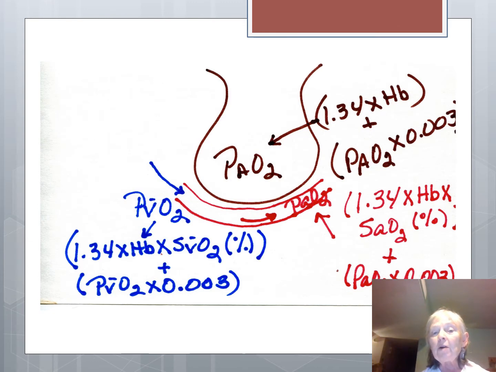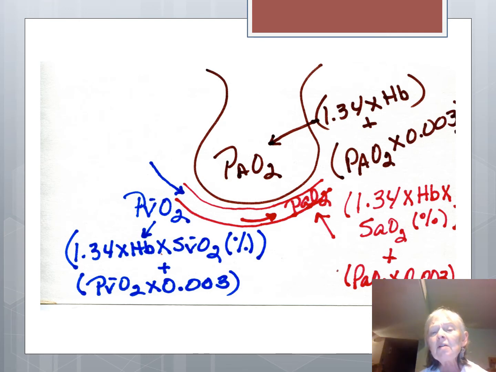When we look at the formula for the CVO2, and I put it on this slide here, it's still the 1.34 times the hemoglobin times the SVO2, and there's your percent, plus the PVO2 times 0.003.